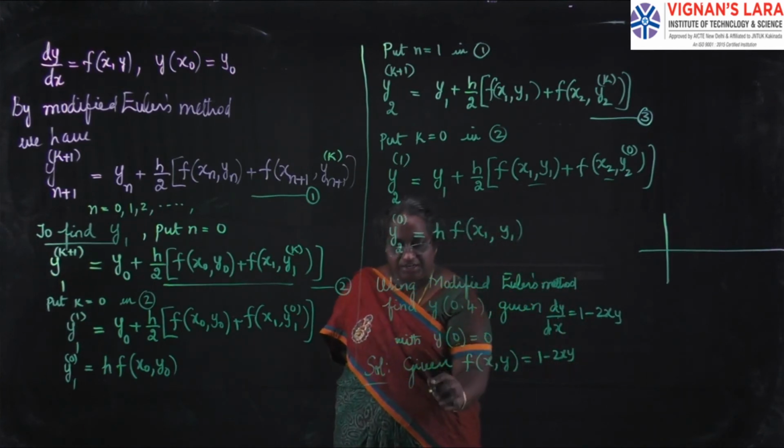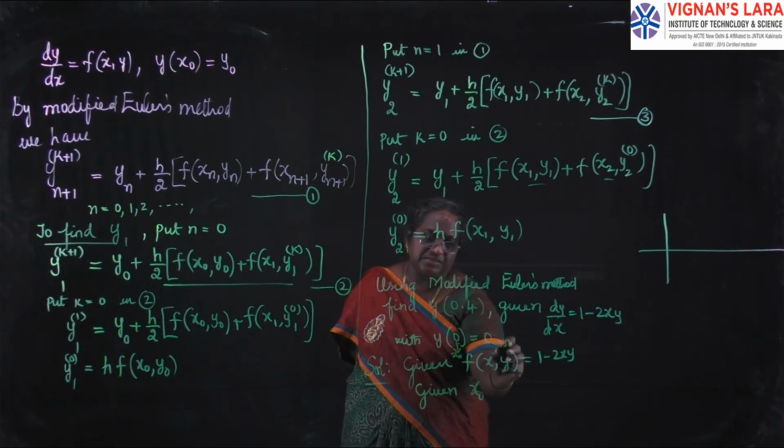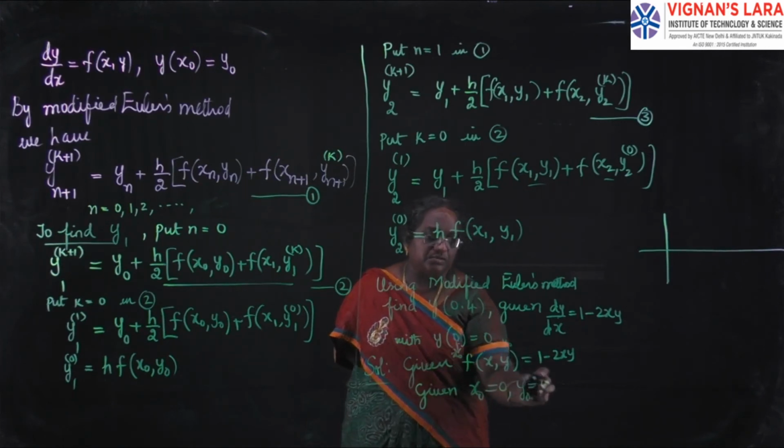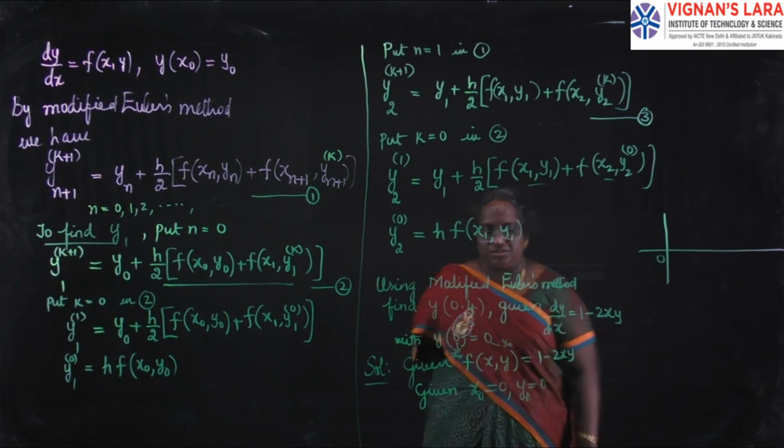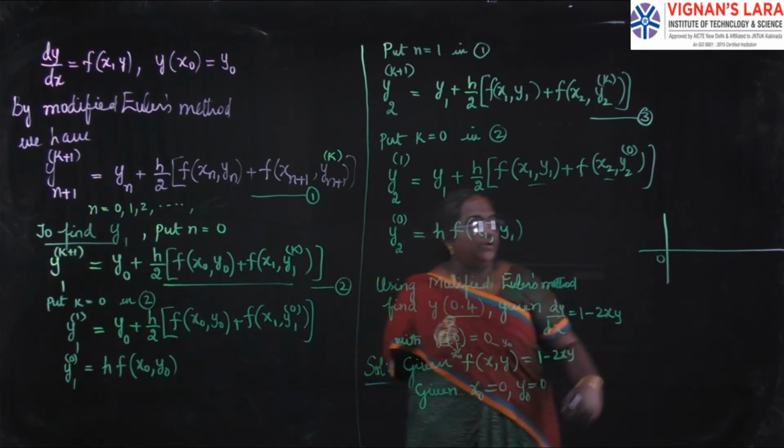Now, if you draw the number line here, the initial condition is also given: x0 is 0, y0 is 0. I told you to write immediately this as x0, this as y0. So we start with 0, and I have to find 0.4.